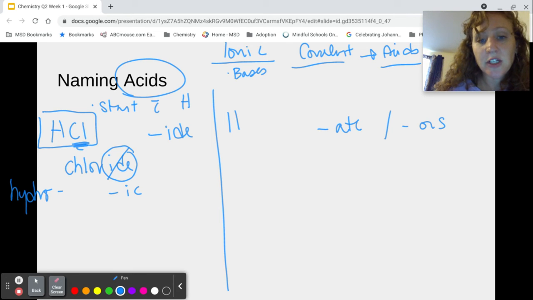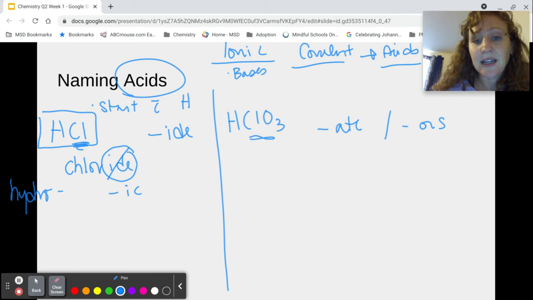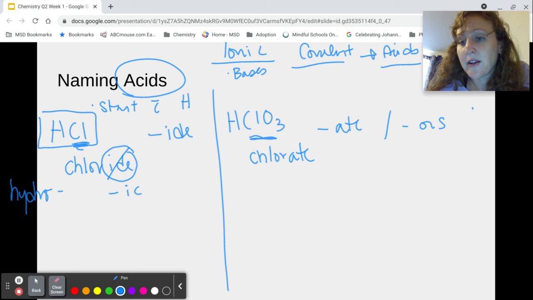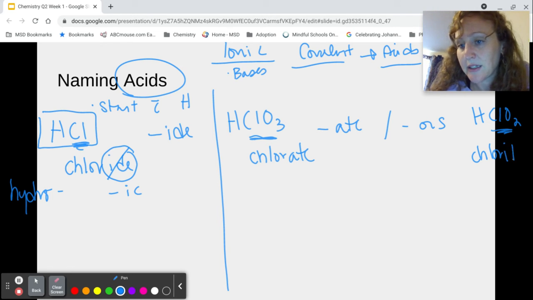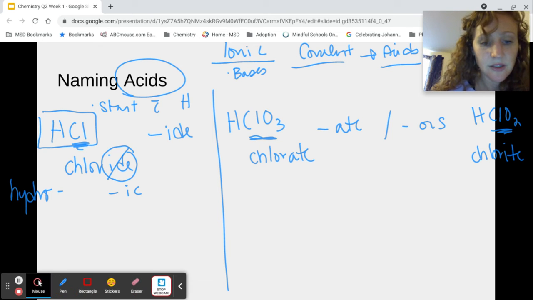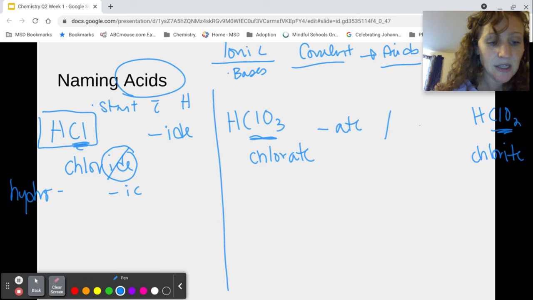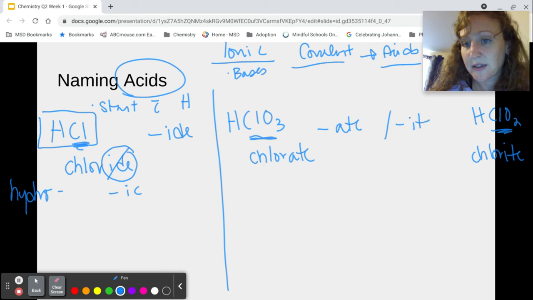So for example, HClO3, its anion is chlorate.